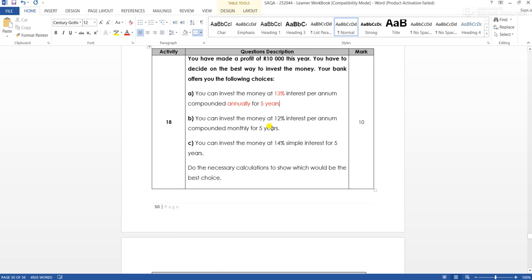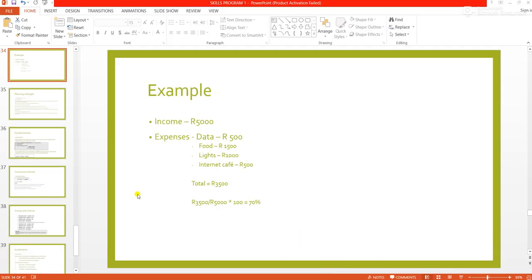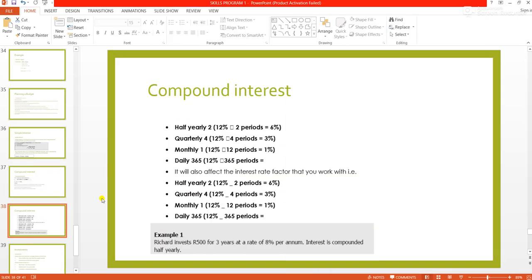Also, you just have to calculate the principal amount and compound monthly for 5 years. So you need to go back to this slide.